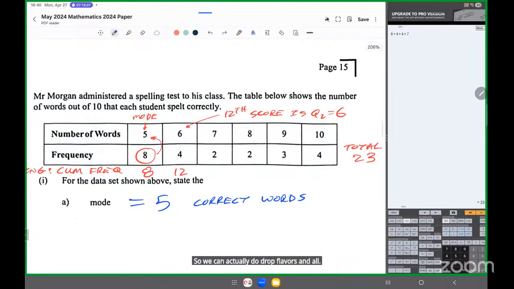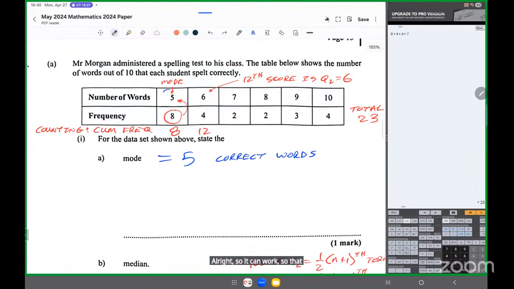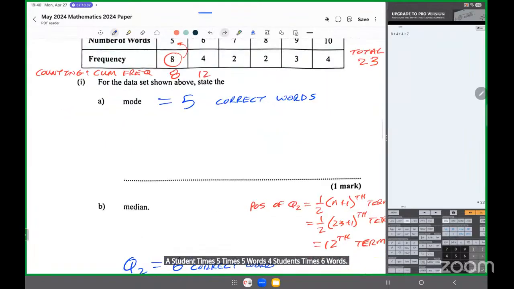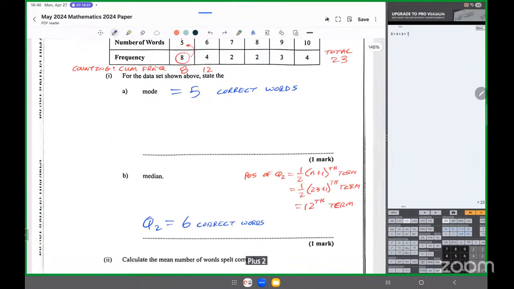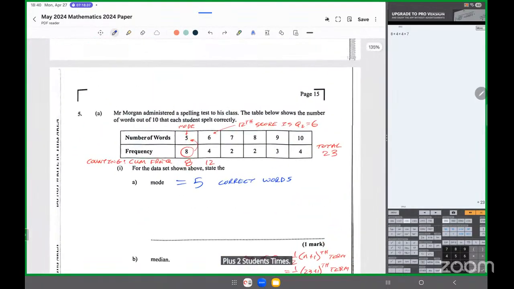You can work it out and say, okay, 8 students times 5 words, 4 students times 6 words, plus 2 students times 7 words, 2 students times 8 words, 3 students times 9 words, 4 students times 10 words. That's the total number of words divided by 23 students.